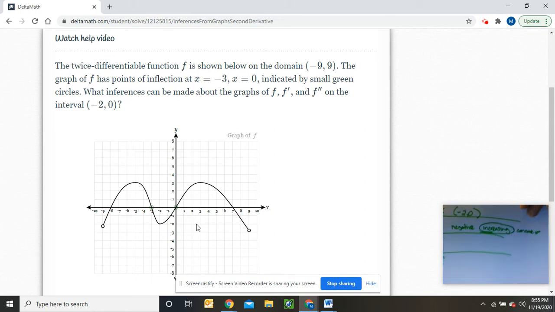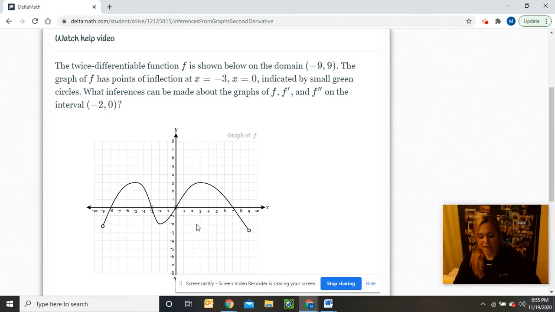So as soon as we see f is increasing, what do I know about the slope of f? It's positive. Okay, and then the next one. Does f prime being positive tell me anything about f double prime? No, kind of stuck there.